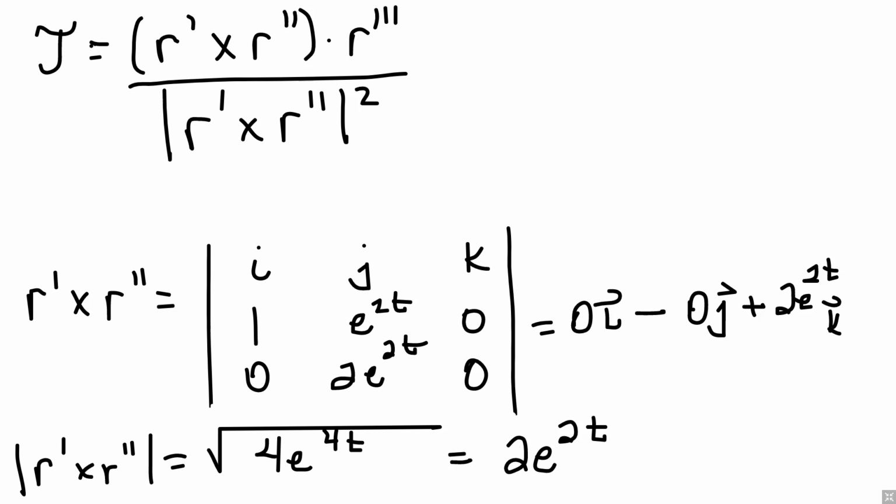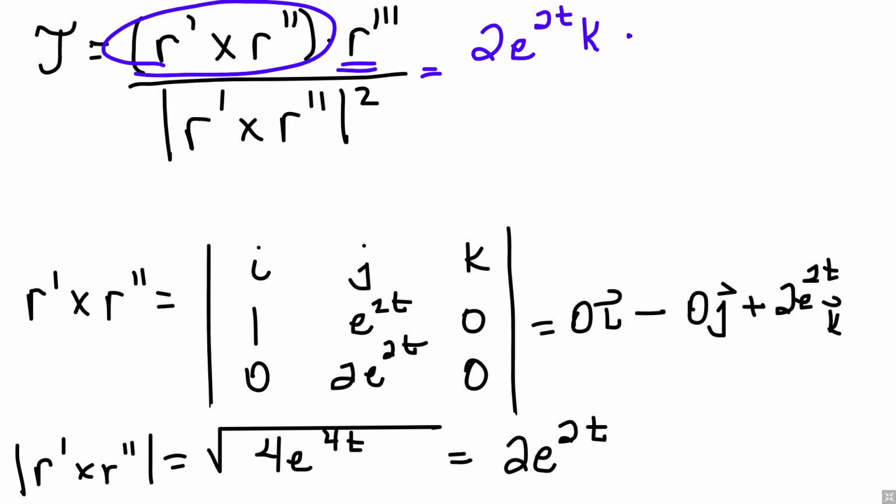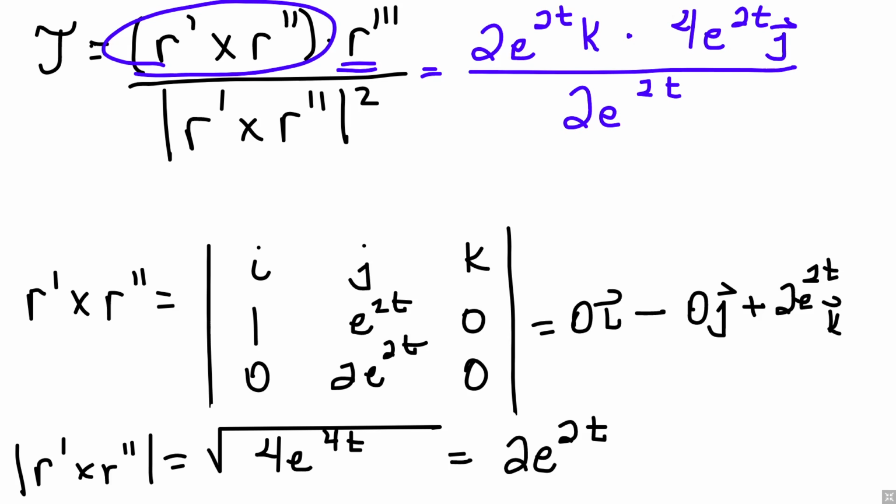So in place of this, I'm going to put in 2e to the 2t in the K direction. We're going to dot it with r triple prime, which we said was 4e to the 2t in the J direction, over the magnitude, which is 2e to the 2t, but we do need to square that.